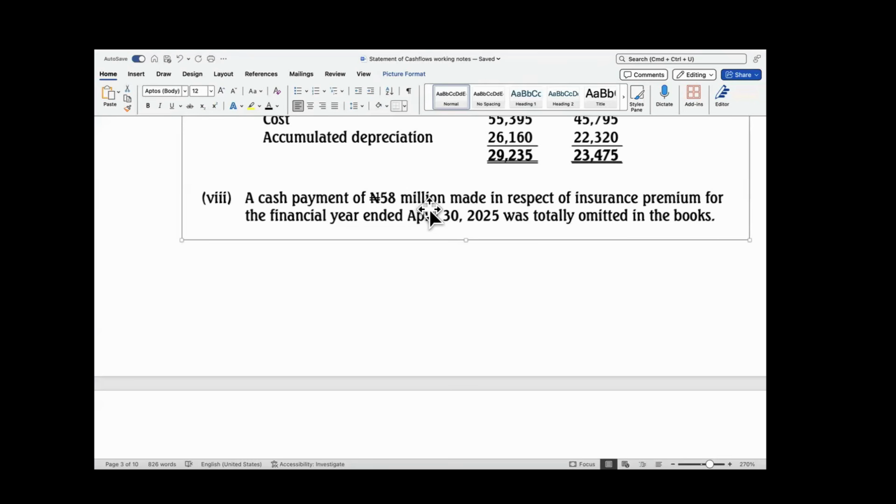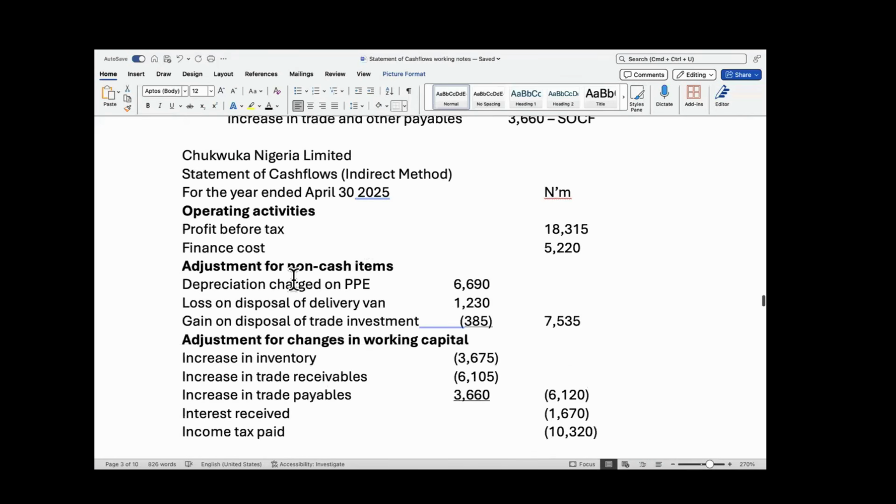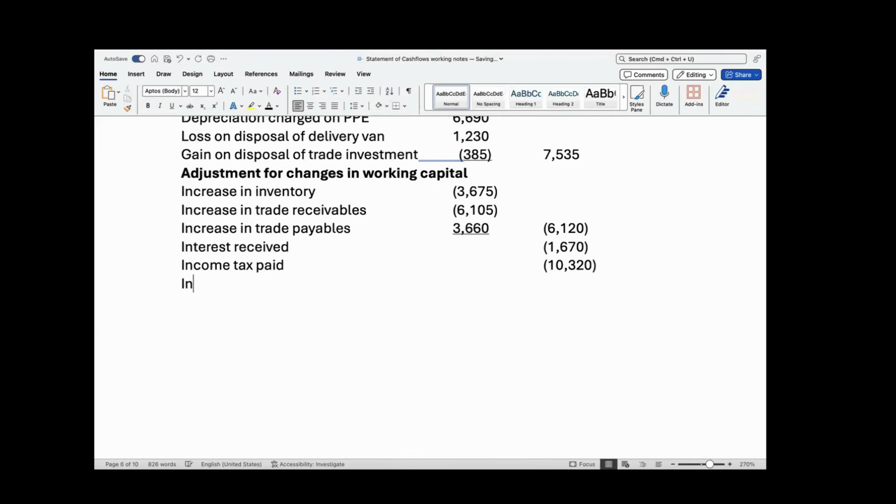It was totally omitted from the book. So I need to put it as an outflow. Insurance premium, 58 million. So now I've treated it in my books.